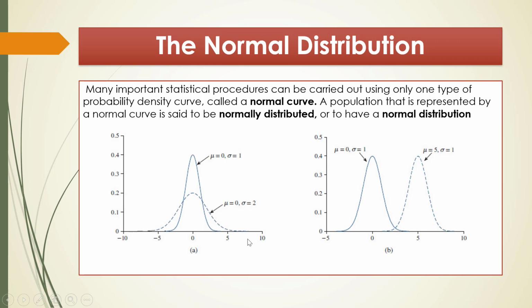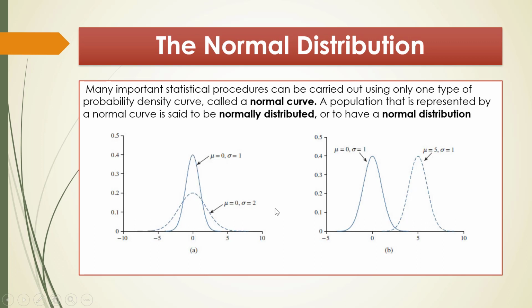We have 4 normal curves here. They might be tall, flat, thick, thin, but they have some common properties. The normal curve is symmetric and centered at the peak with a single peak.